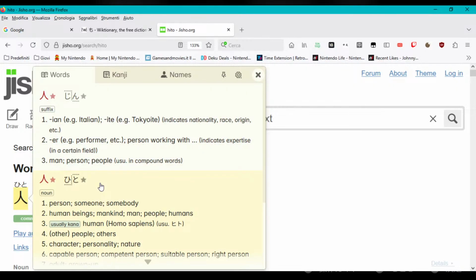The person you like with you, not explicit. Sukina hito wa, as for the person I like, most likely, or somebody else likes, it's not explicit, and then the name of the person.